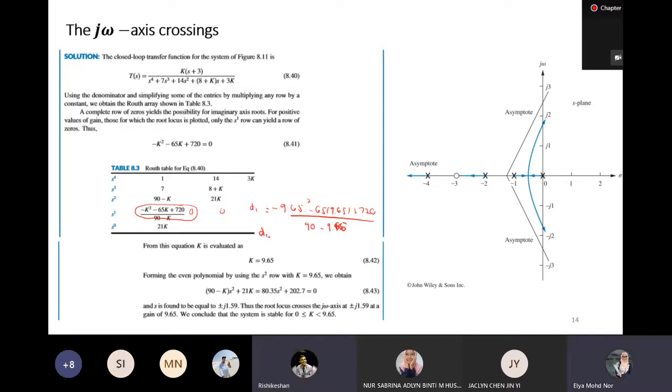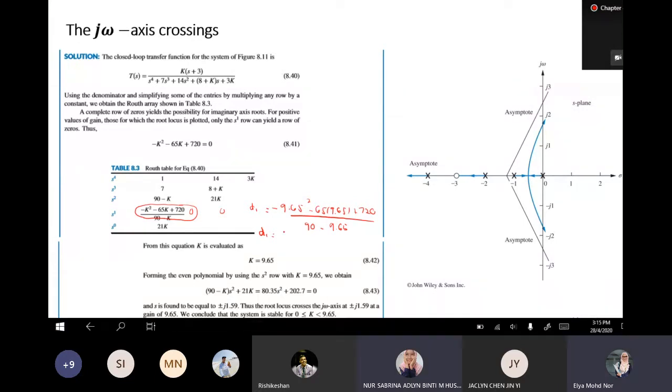You get 0. Did you get 0? Anyone? Negative 0.00. Okay, so that's 0.